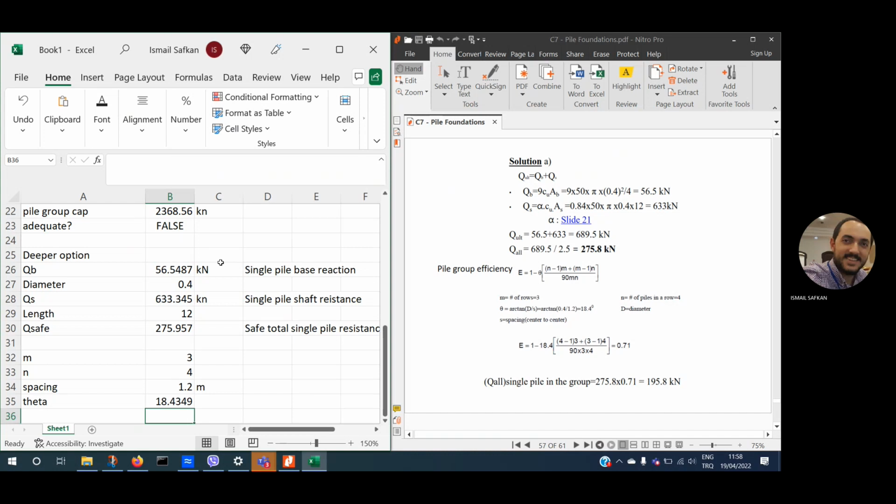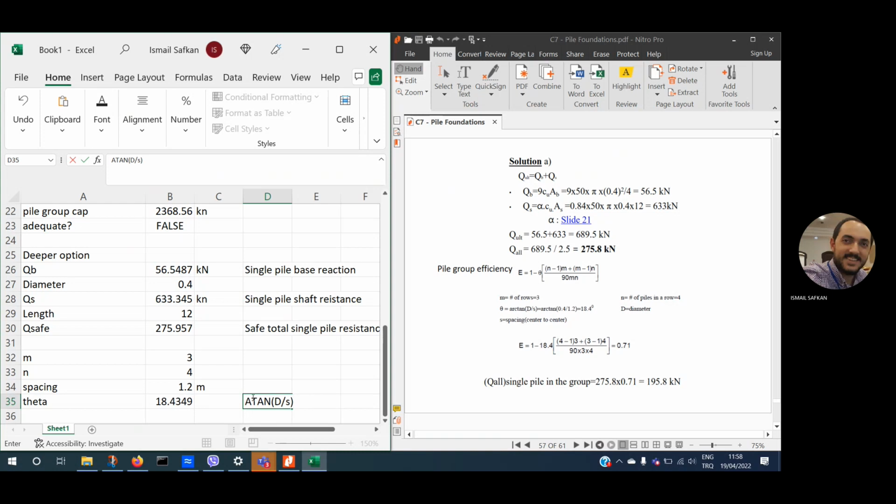Yes, I found it. The function that you need to use for theta is the arctangent of the value that you will input, which is d over s.